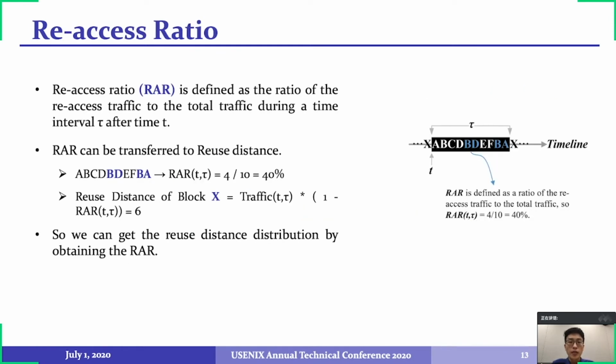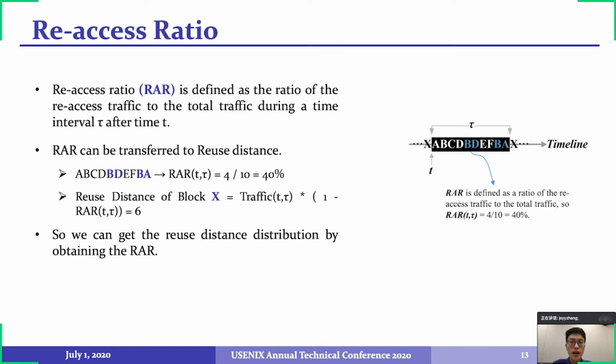Reaccess ratio is defined as the ratio of reaccess traffic to the total traffic during a time interval tau after time t. It essentially represents a metric reflecting how blocks in the following time interval are reaccessed.